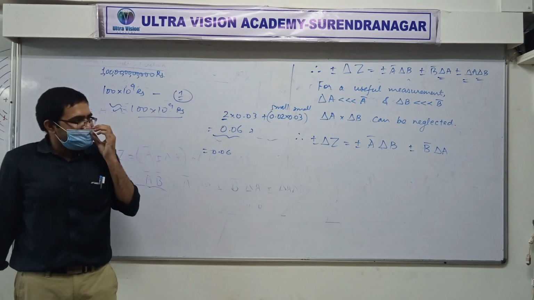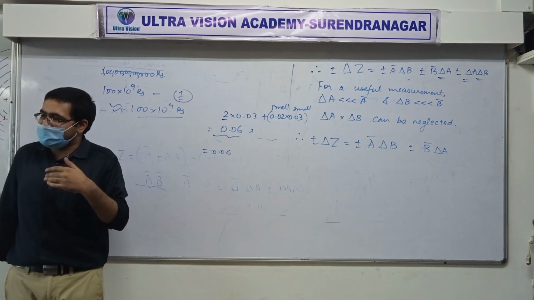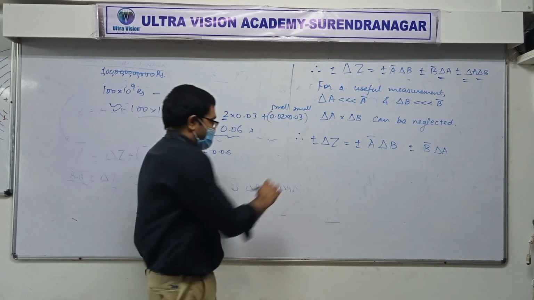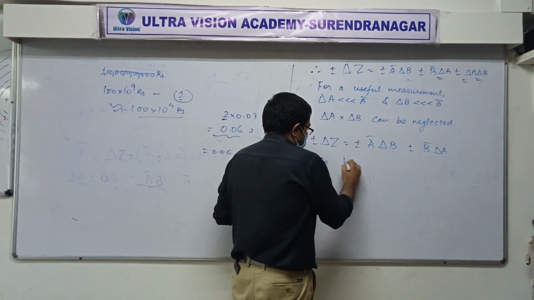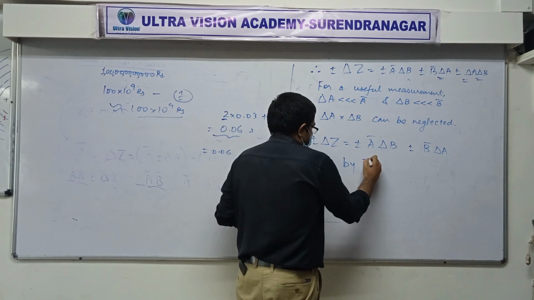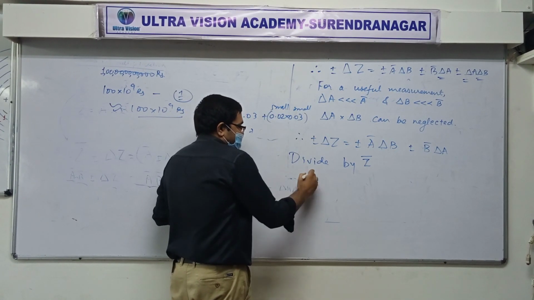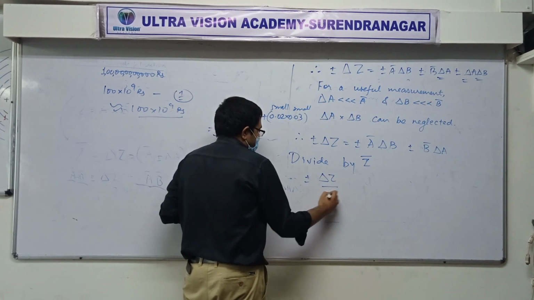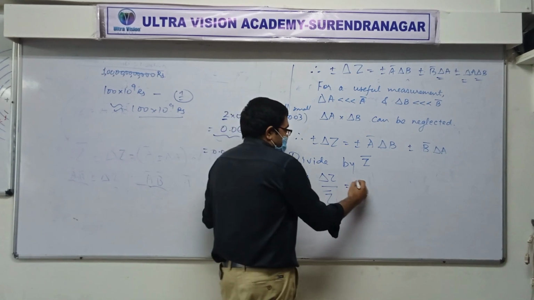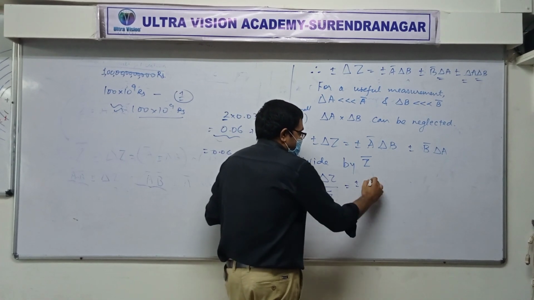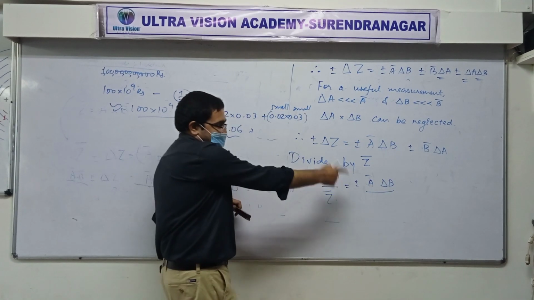Well, so we got this relation. Now, although this looks like a formula, and everything has come up very nicely, we can simplify it further. We will divide everything by Z bar. Therefore, plus or minus delta Z by Z bar equals plus or minus A bar delta B divided by Z bar.